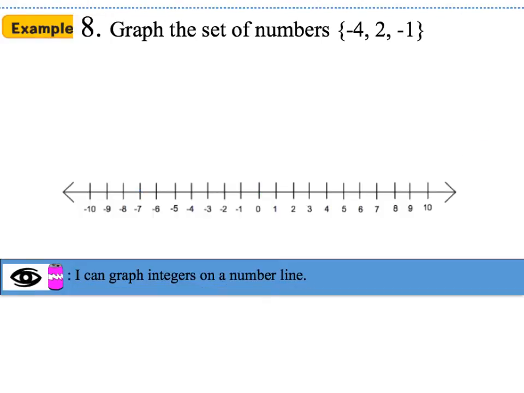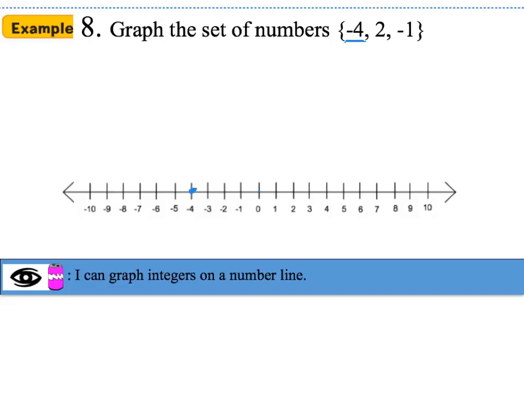Example 8 says graph the set of numbers, negative 4, positive 2, and negative 1. So on my horizontal number line, I'm going to take note of 0, which is in the center. And the first integer that I want to graph is negative 4. So negative 4 should be on the left hand side of 0 because it's in the negative region. So negative 4 is right here.